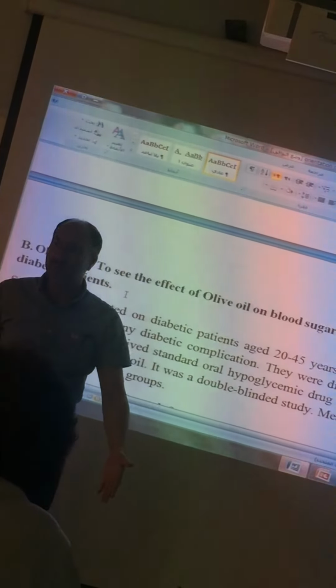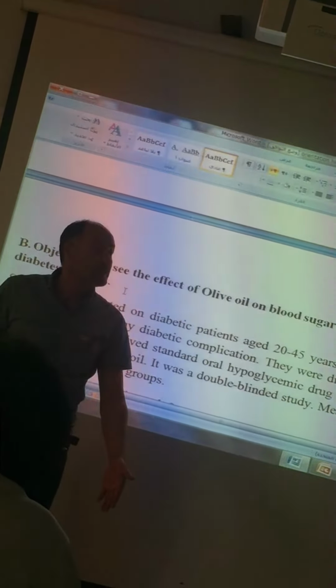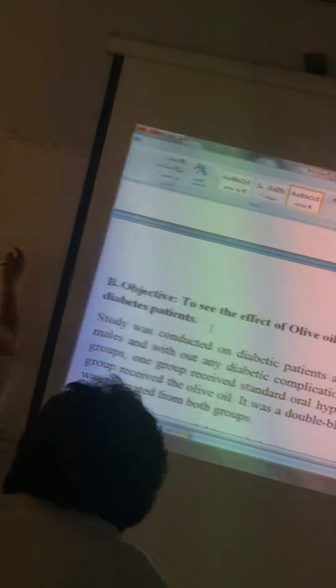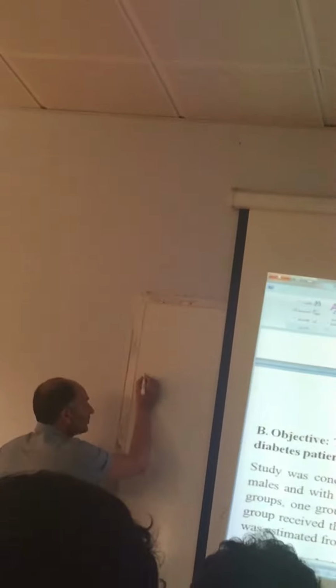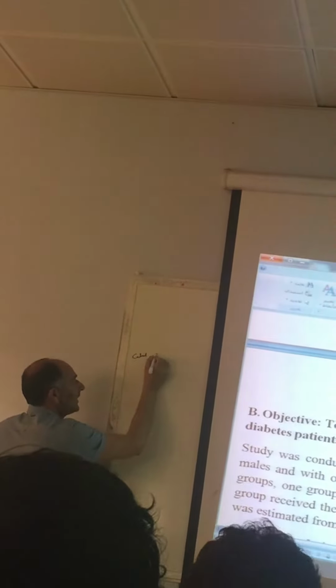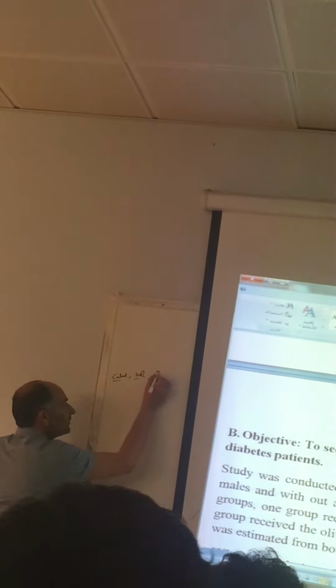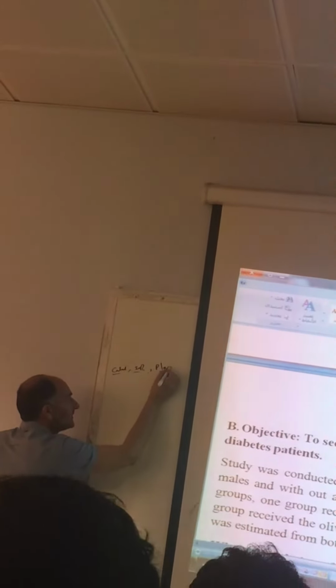Now I have a third group. Placebo. So we have three groups. We may have either two groups: a control group, and an experimental group who receive the new drug while the others receive the old drug, or we may have a placebo.